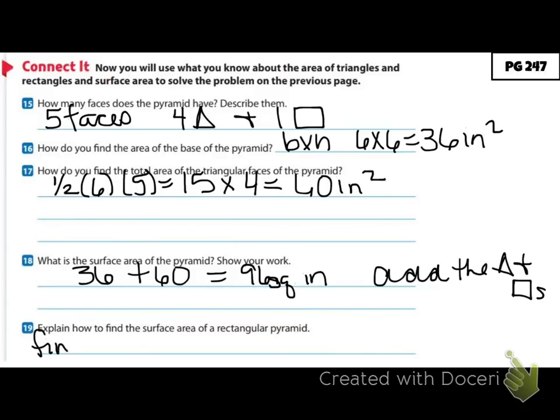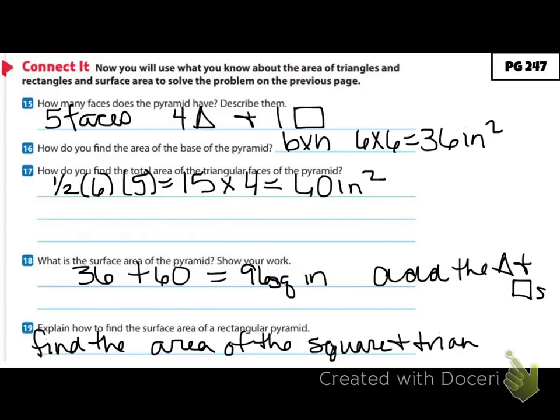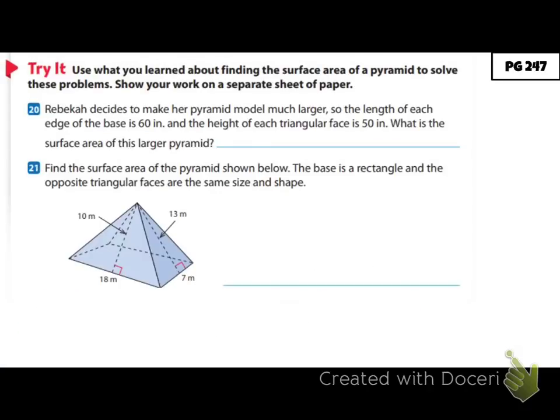Just like we said above, find the area of the square and triangle and add. So, once again, use what we did up above, take a moment, pause the video, work through these problems, and then you can resume the video to check your answers.